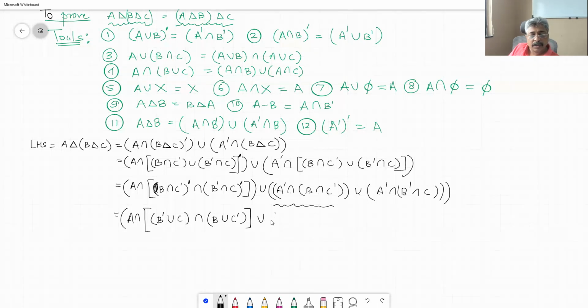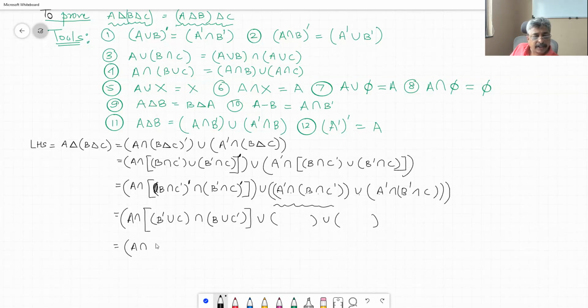Okay, union these two brackets, union this bracket, same. Now A intersection, this is intersection, this is union.